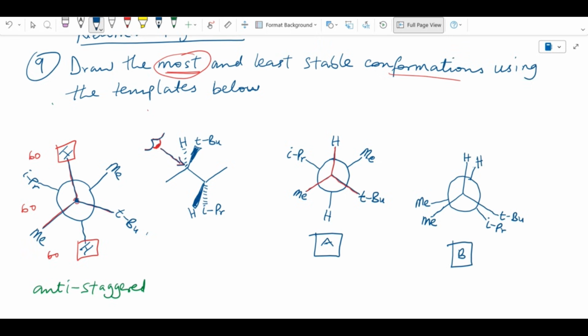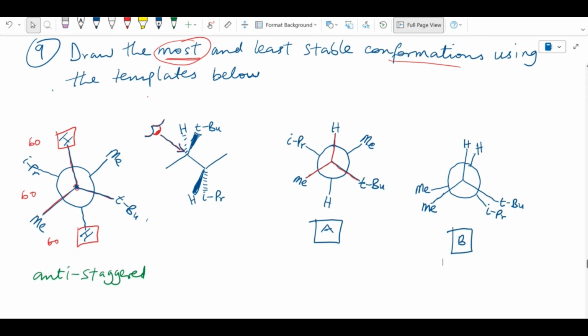Now this conformation, which is an eclipsed conformation, will give me the most unstable or the least stable conformation. So this is the least stable Newman projection, and this will be the most stable.